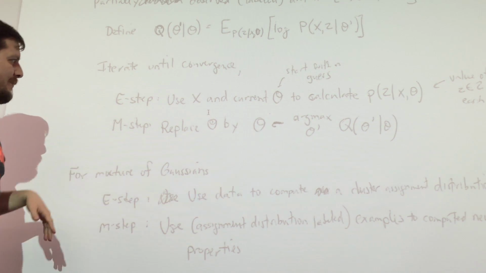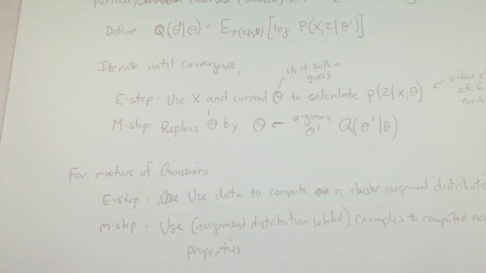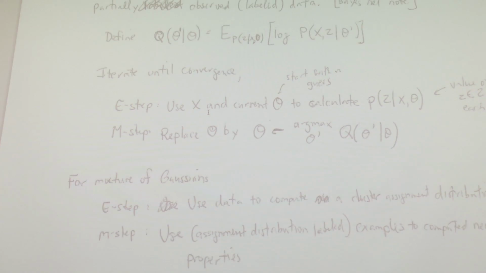I think I say this again later better, but you're just filling in holes. You're essentially saying, take the current model, fill in the hole, and then based on the value I fill in there, estimate my parameters again. This is just doing EM in general.